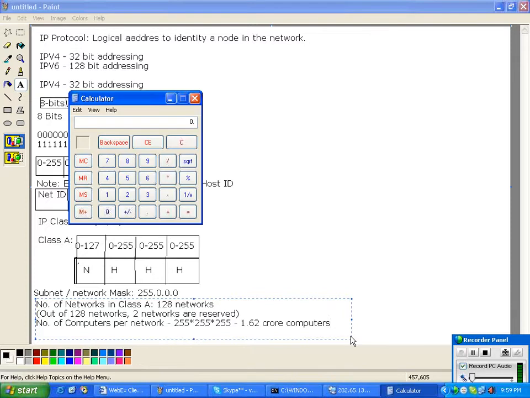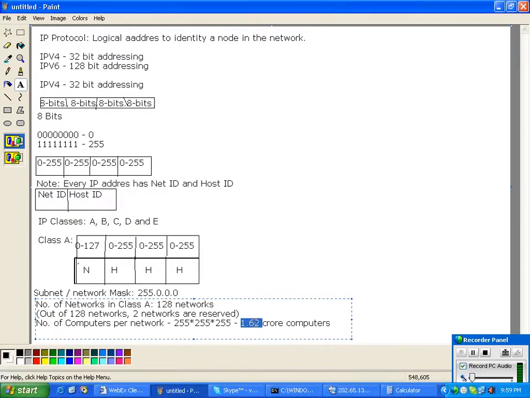I guess it has to be calculated. Let me calculate. This per network can accommodate these many number of computers in the class A. Like this, I have 128 networks. You can imagine how many networks I can connect in class A.